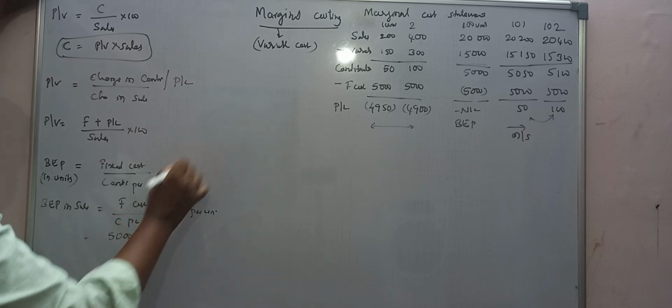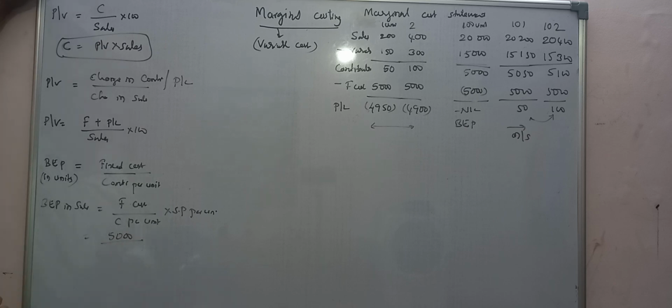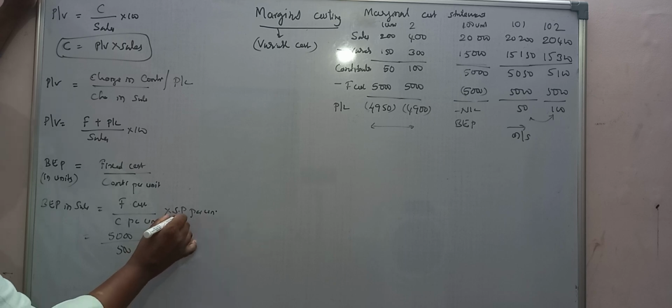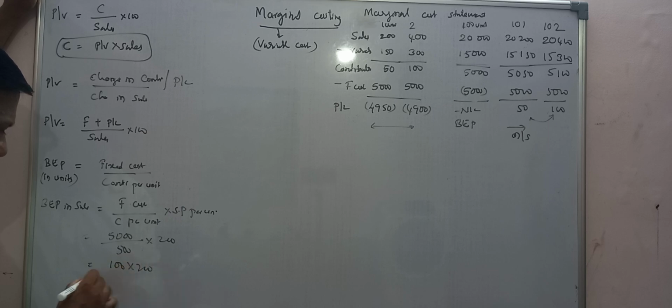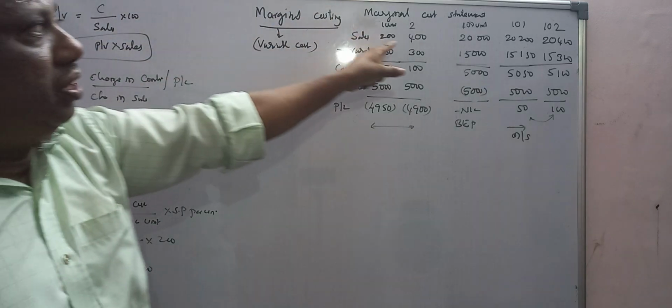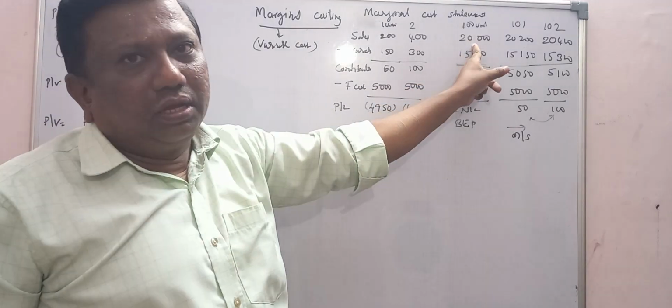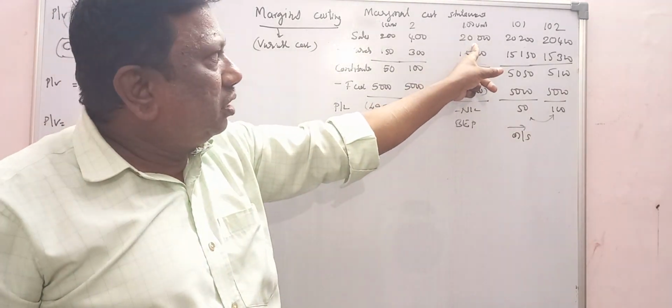In this example, contribution per unit 50, selling price per unit 200. This is 100 into 200. So 20,000 is sales, right? I got to know 20,000.